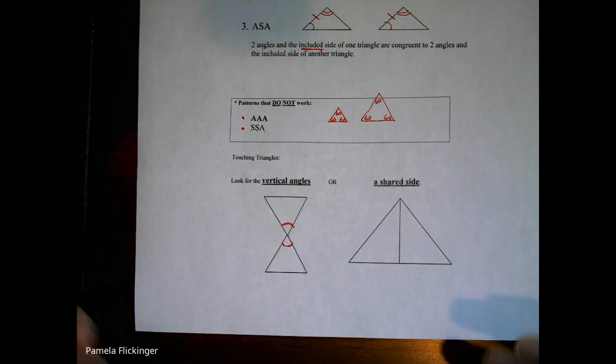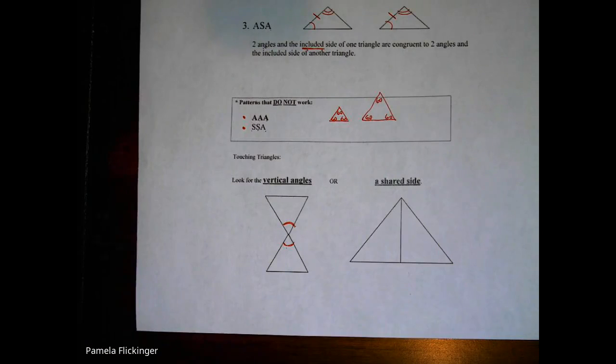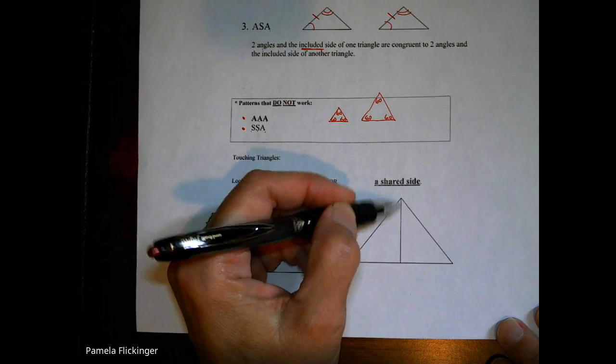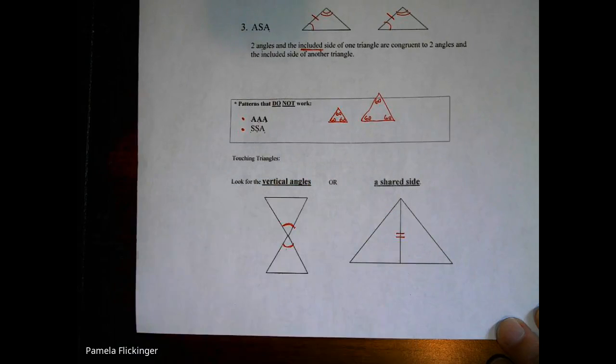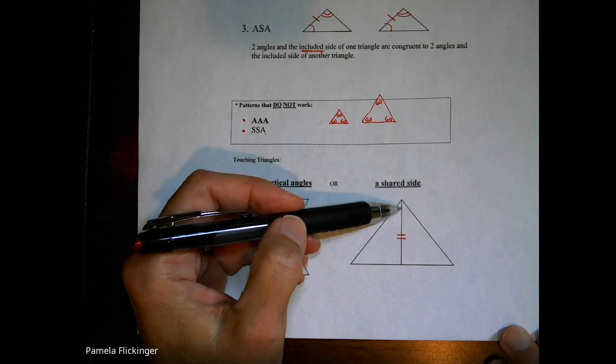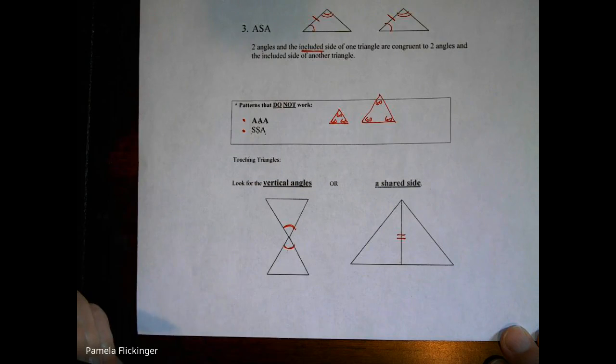So if in your triangle drawings, they are drawn so that you have vertical angles, that is automatically one pair of congruent parts that we can mark. The other thing, if you don't see three parts, will be if they share a side, like this. And if they do, then we can mark that side as a congruent part because it will be the same in the left triangle as it is in the right triangle.